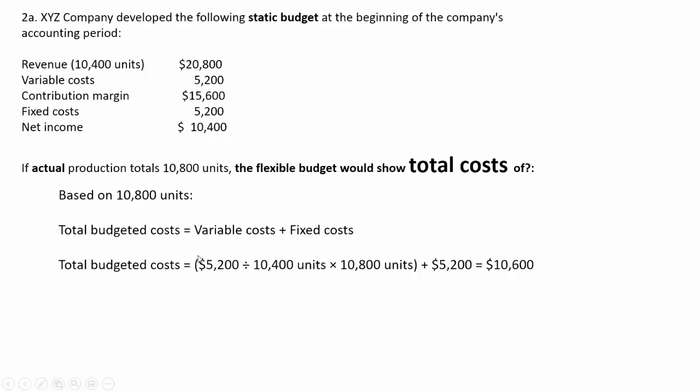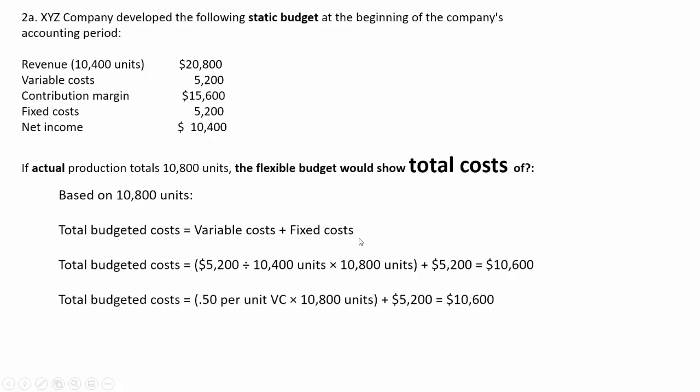So that would be the way to figure out what the variable cost would be at this new level of activity. Then I'll just add to that the fixed cost of $5,200, because fixed costs, whether we're using 10,800 units or 10,400 units, won't change. And I'll add these two together, and the answer that we're going to come up with is $10,600, but I'll now go into some more details of how we come to the actual pieces of this.